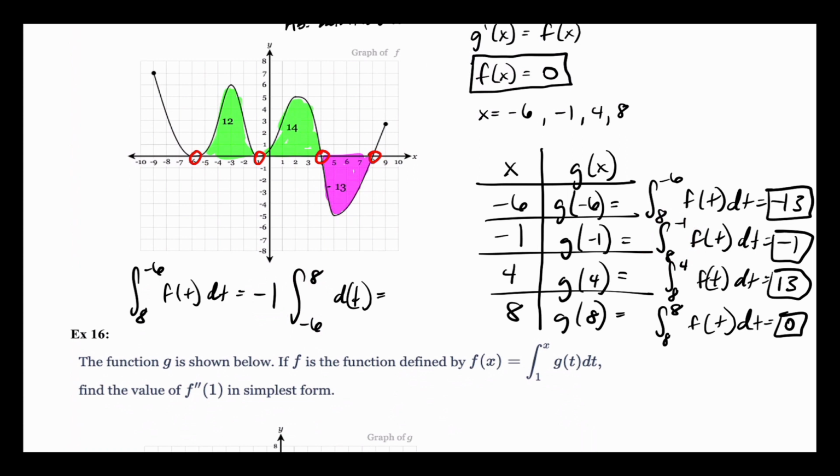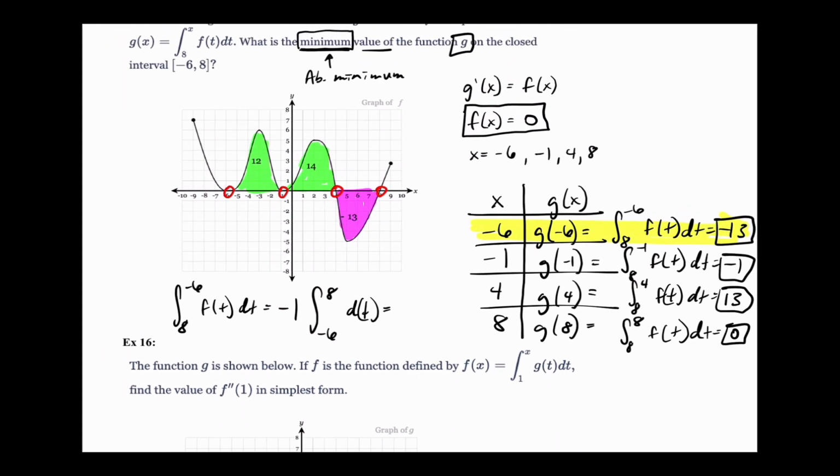So you look at those, whichever one's the smallest is the absolute minimum. It looks like negative 6. So the absolute minimum is negative 13. Negative 13 is the absolute minimum for that guy there.